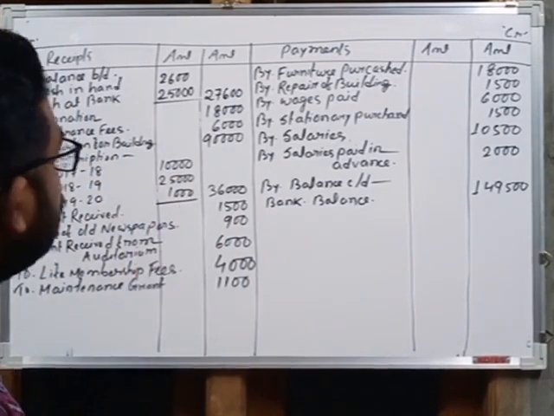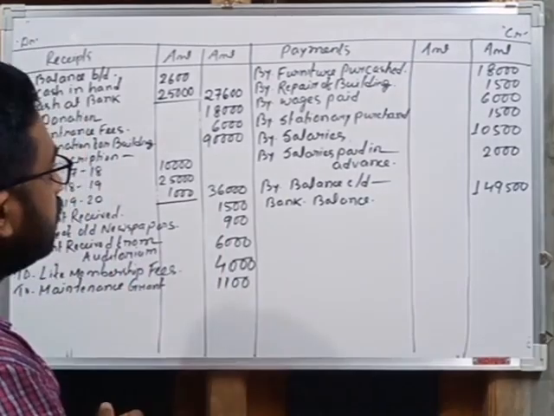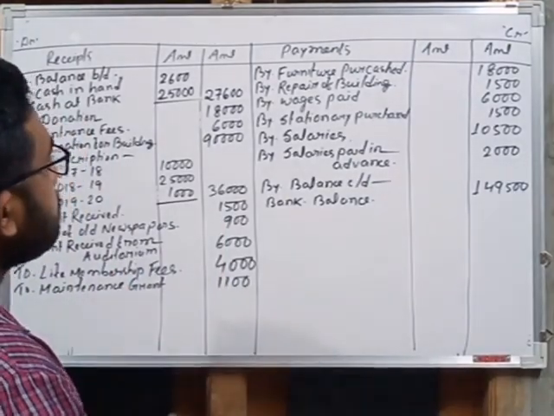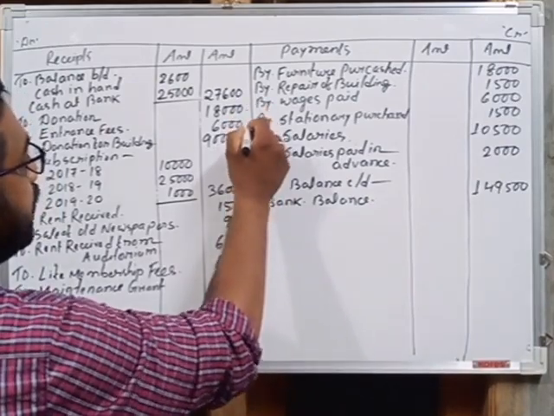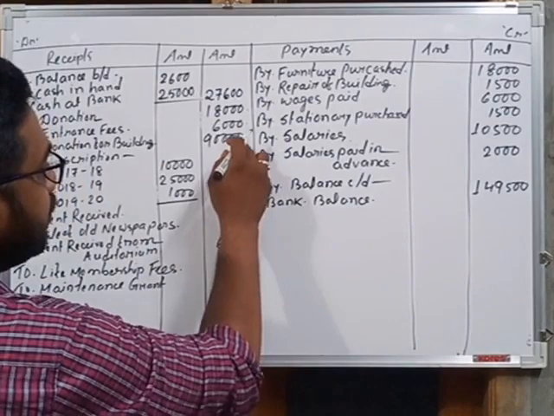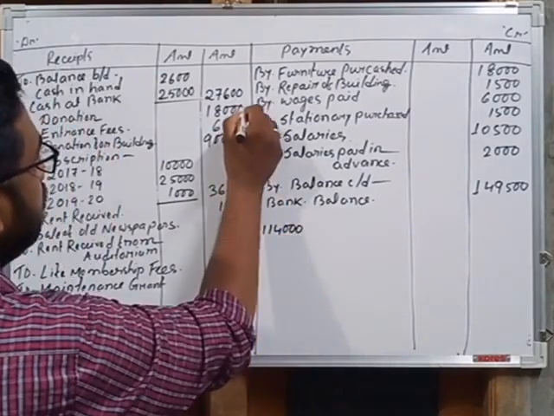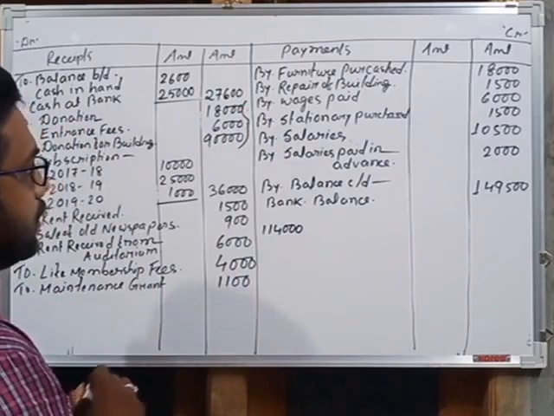So first we should balance the receipt side. Okay. 18,000 plus 6,000, 24,000. 24,000 plus 90,000, that means 1,14,000. That means the total of these three.